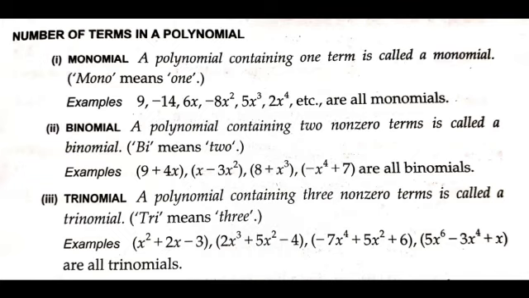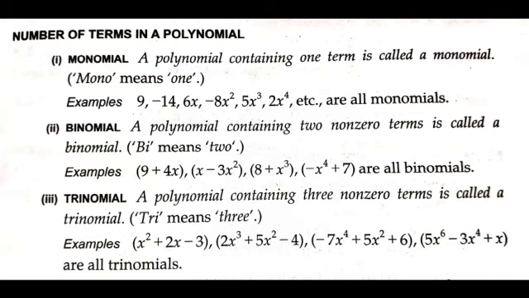Next I have trinomials. A polynomial containing 3 non-zero terms is called trinomial, since tri means 3. For example, here I have x² + 2x - 3. This is an example of trinomial. 2x³ + 5x² - 4. This is also an example of trinomial. -7x⁴ + 5x² + 6.